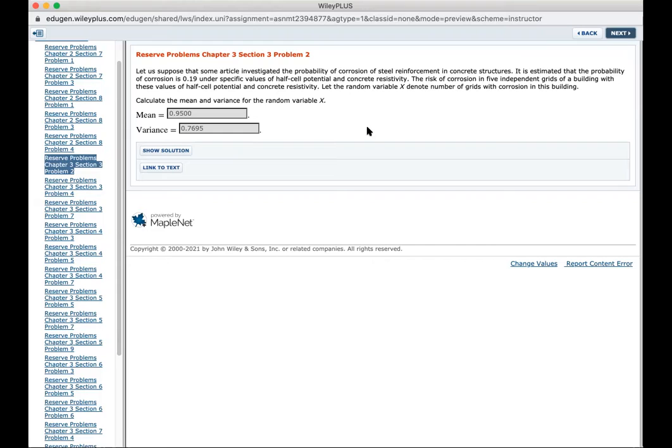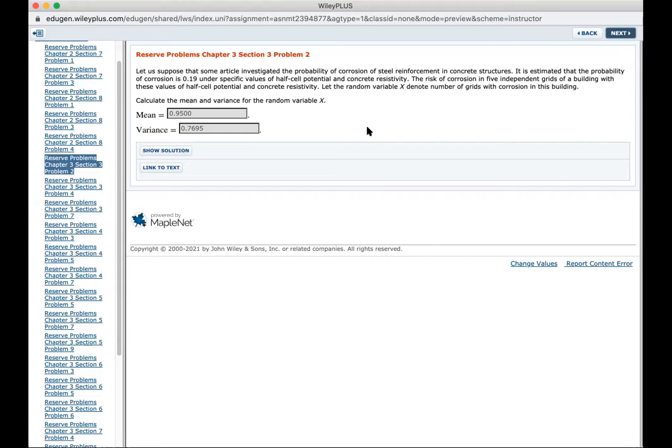Each grid is independent of the others, right? So now we can apply the binomial distribution, because the trials are independent, and we have two outcomes for each grid: corrosion or not.